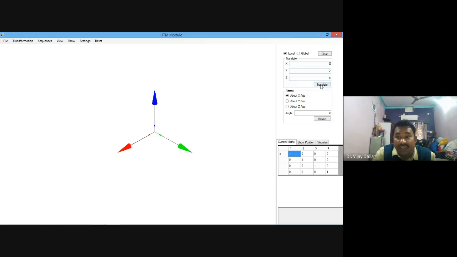Now see. This green color is for the y-axis, red is the x-axis, and blue is the z-axis. Again resetting it, y is equal to 2 I am putting. Now we want to see the motion in the z direction, so putting a value of 2 or suppose 3. See.